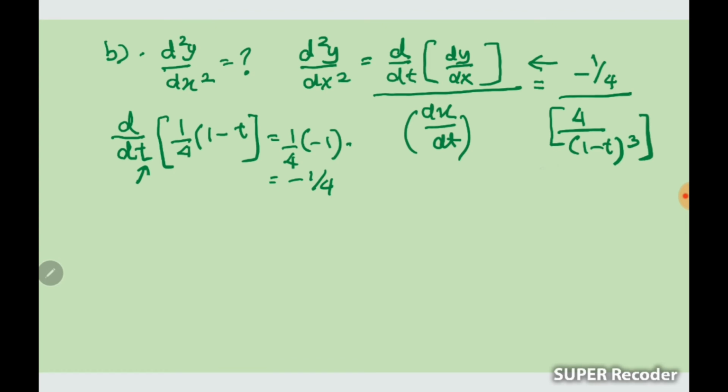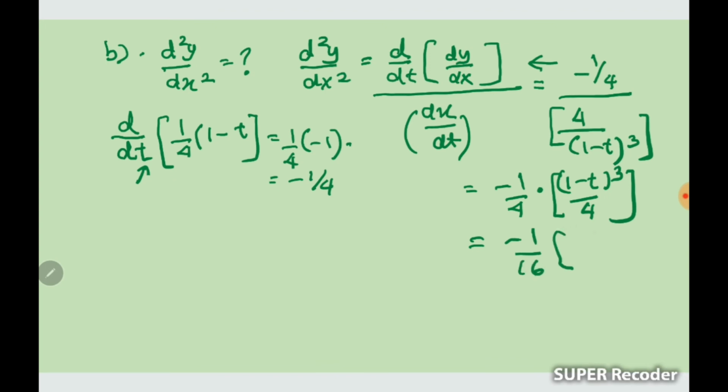Okay, so simplify, you will get negative 1 over 4 divided by 4, you have to multiply with 1 minus t to the power of 3 over 4. So you will get negative 1 over 16 multiplied by 1 minus t to the power of 3. Okay, this is the final answer.